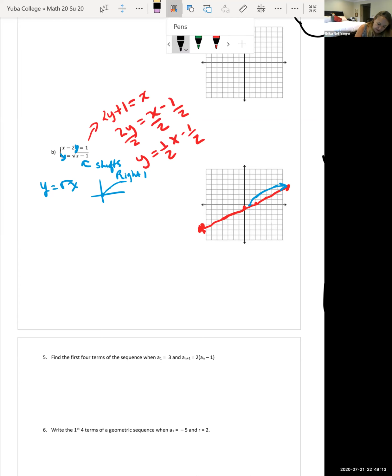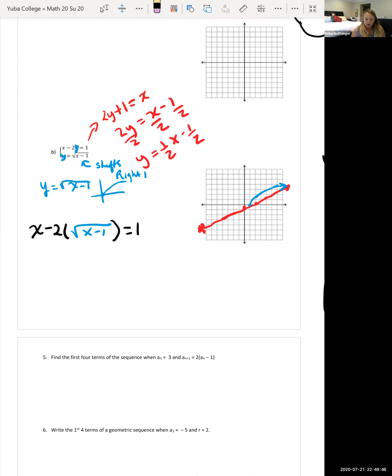So x minus 2, but y is the square root of x minus 1, in parentheses, equals 1. Okay, so notice that this is a radical equation.